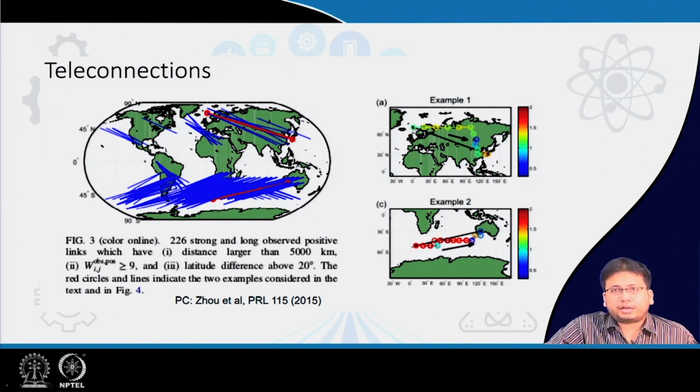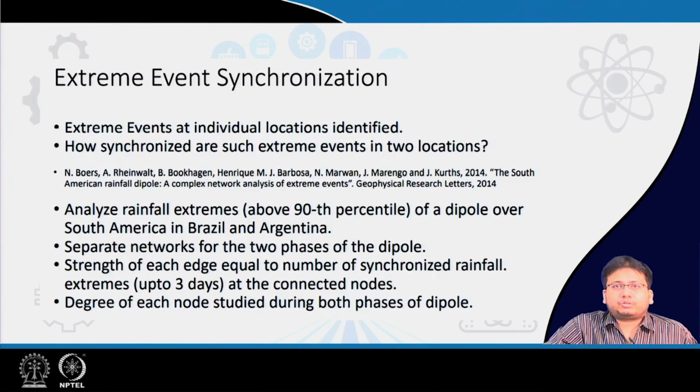From here to here there is one edge suggesting some kind of teleconnection, but we may be interested in understanding the optimal path along which the influence travels. So that analysis seems to show this kind of optimal path.